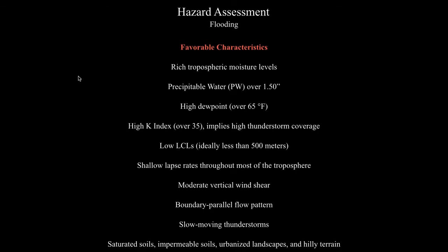Because if you've got saturated soils, that means the soils are not going to be absorbing water as readily, which means you have a better chance of having liquid water accumulating on the ground, which is going to increase your risk for flooding. And similar for impermeable surfaces. So something like red clay, which we see a lot of in Oklahoma, is very much an impermeable soil. It's very hard to get water penetrating through something like red clay.